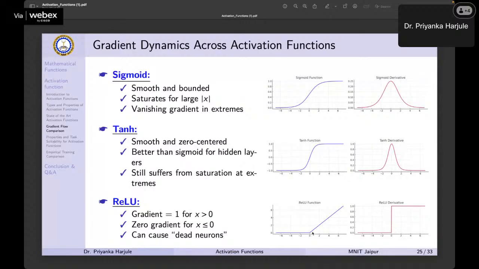This is linear for x greater than 0, where the gradient is also 1. So it is mitigating the vanishing gradient problem and promotes efficient learning. But for negative inputs it gives us zero gradient, which causes dead neurons that never activate again. That is another disadvantage, and it is also not zero centered.